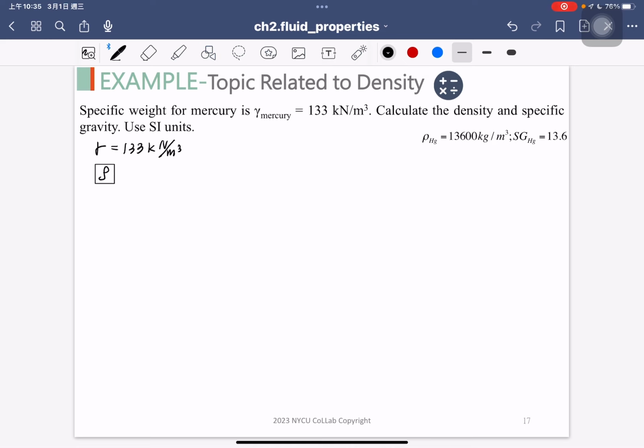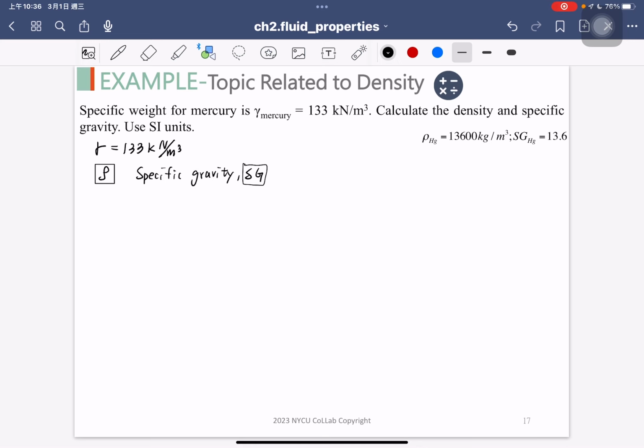And the second is specific gravity. Okay, so these are the two properties we need to answer. Usually the specific gravity we call SG.